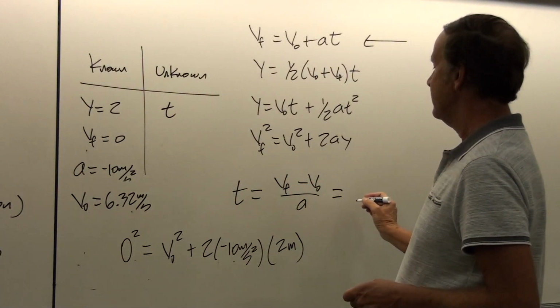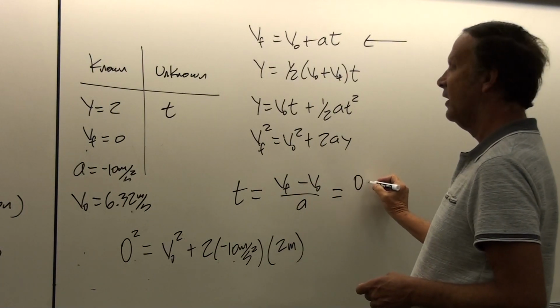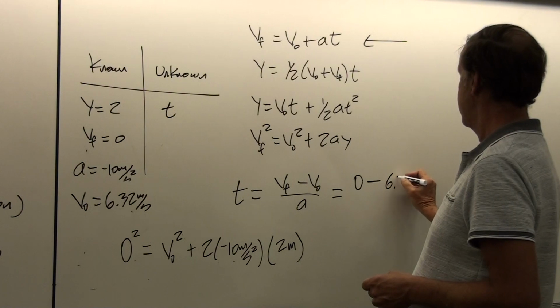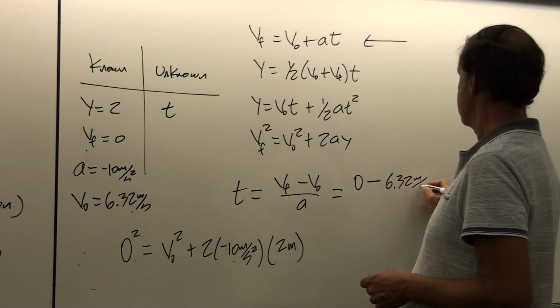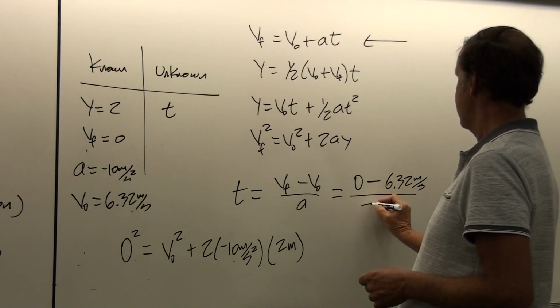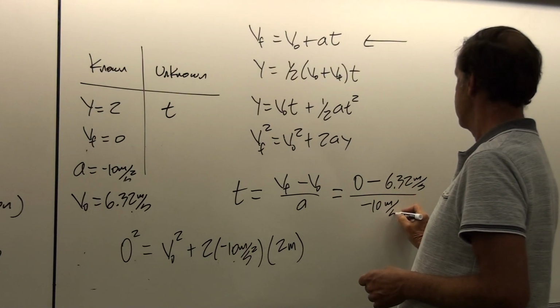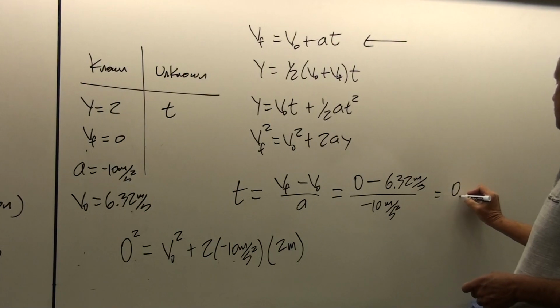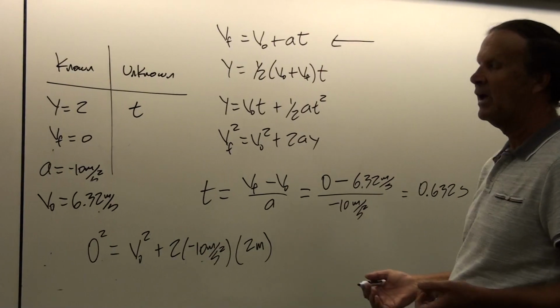Okay, so what we've got here then for t is going to be 0 minus v naught, which is 6.32 meters per second, divided by the acceleration, minus 10 meters per second squared. And so that would give us 0.632 seconds. So are we done?